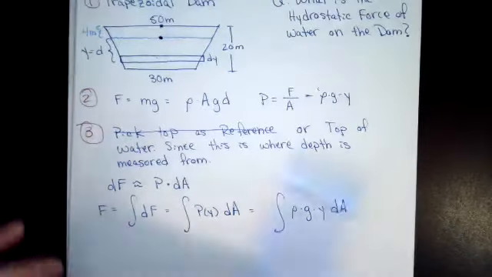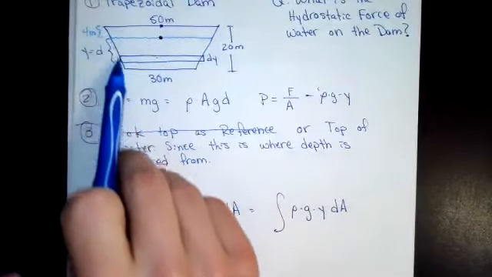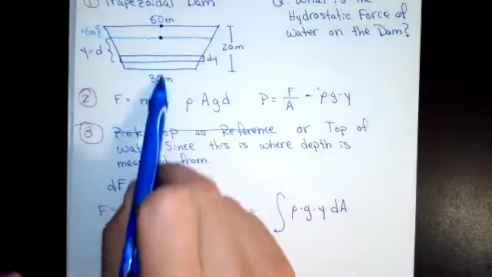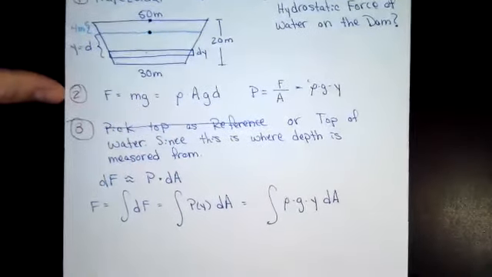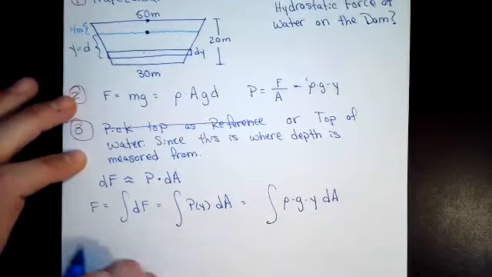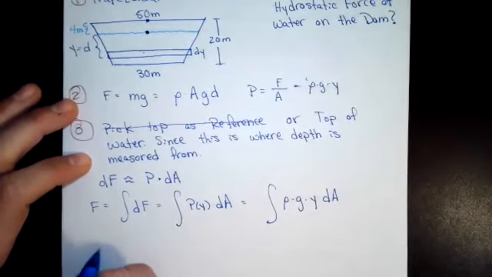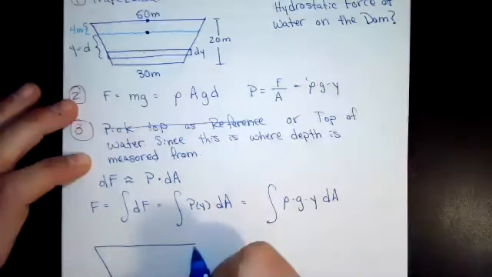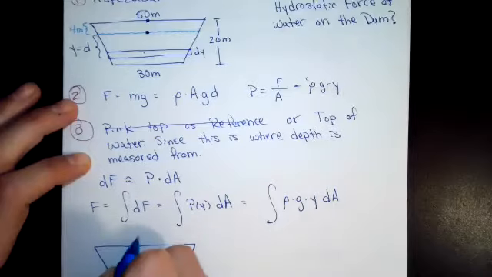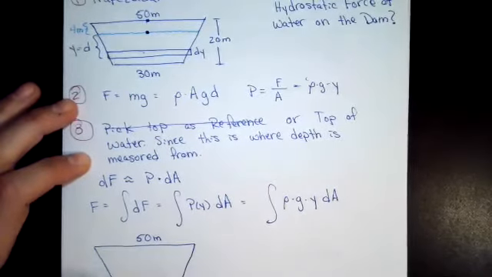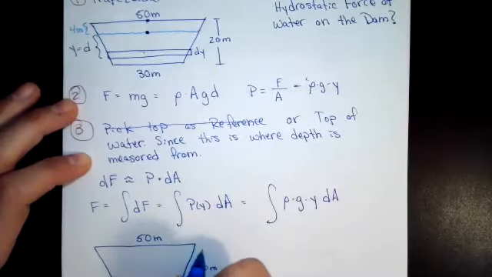For this one we have to do a little bit of geometry again. We could come up with equations for these lines based off of the reference point, or we could use a little bit of geometry to figure out what's going on here. So let's draw the picture again. We were at 50 meters at the top, 30 meters at the bottom, and the height was 20 meters.